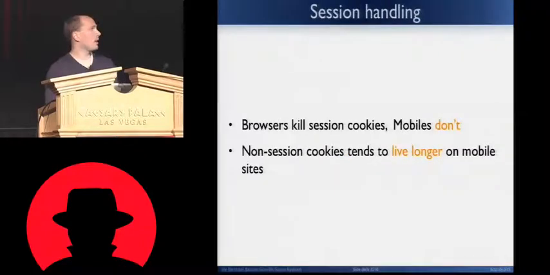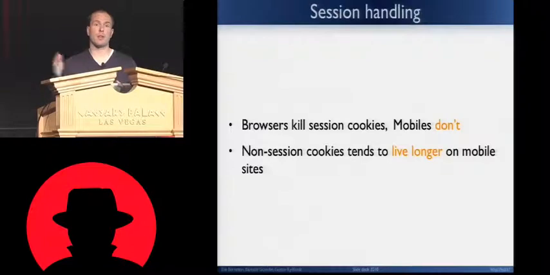I think behind the curtain, there is also a lot of behavior from the phone which makes things even harder from a security perspective, like cookies. We know we have session cookies which die when you close your browser. Actually, on the smartphone, we found out that they do not. They are kept between one session and the other.